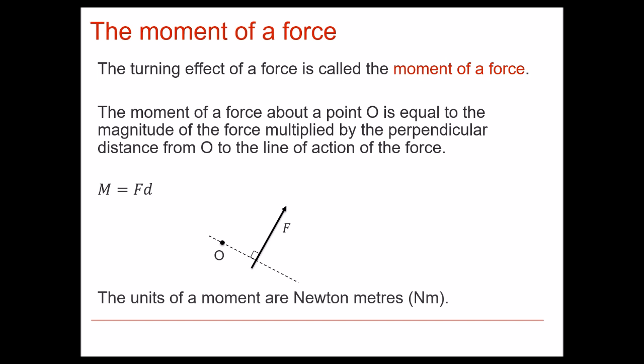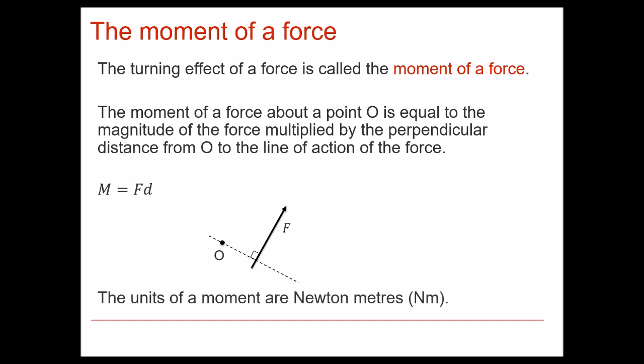Often we will be thinking about turning moments about a pivot, but in fact we can pick any point at all in space and calculate the moment of a force about that point. But depending on where we choose that point, that will change what the moment of that force is.